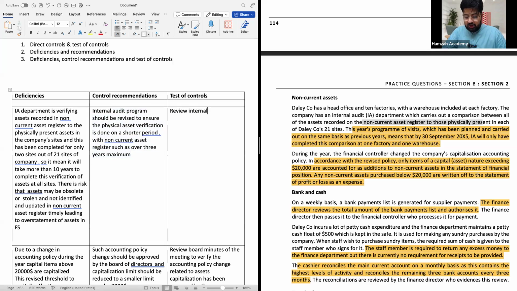Review the revised internal audit program, whether it includes the site visits for assets physical verification for all 21 sites locations in 3 years or not.